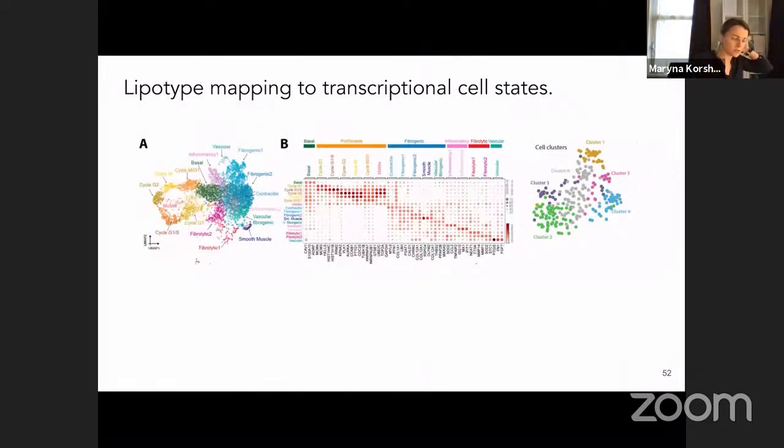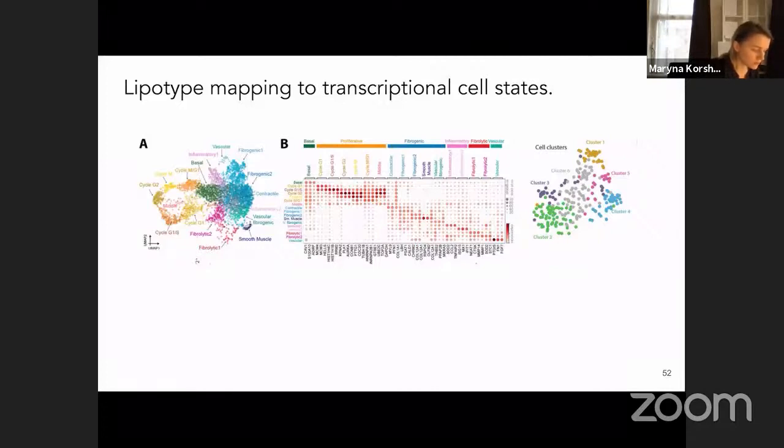Figure B is a heat map of different cell clusters and groups of clusters with different types of molecules. Oh no, it's the correspondence of these cell types and subtypes, and on this third figure you can see the clustering as received by the lipidomics profile.